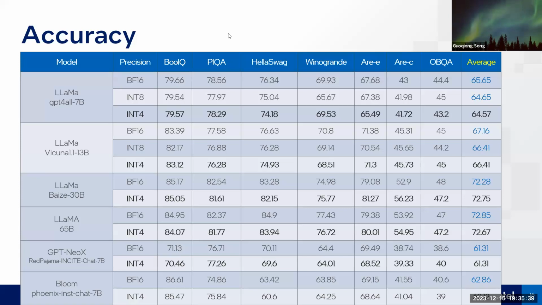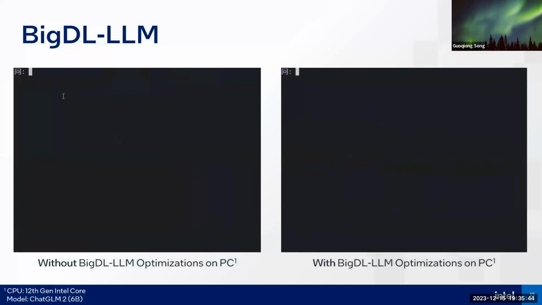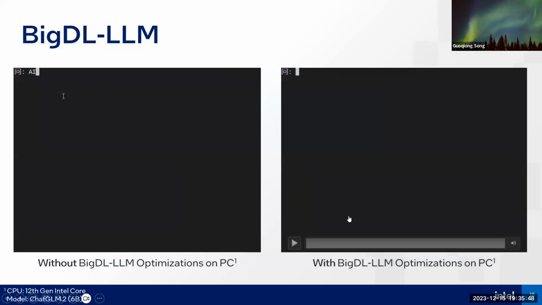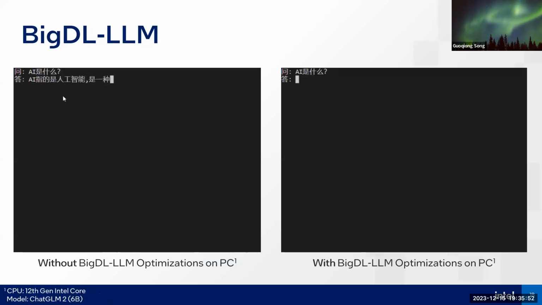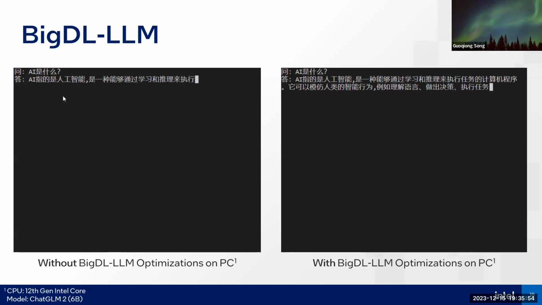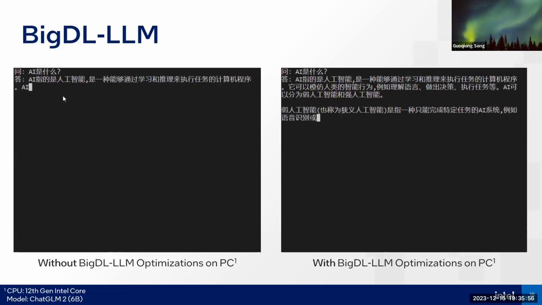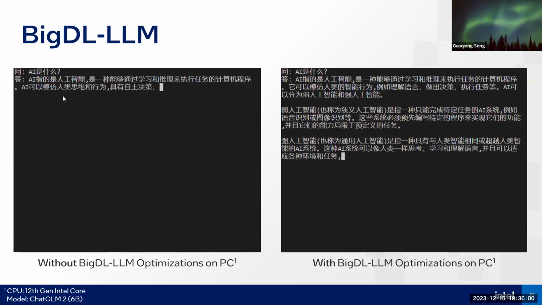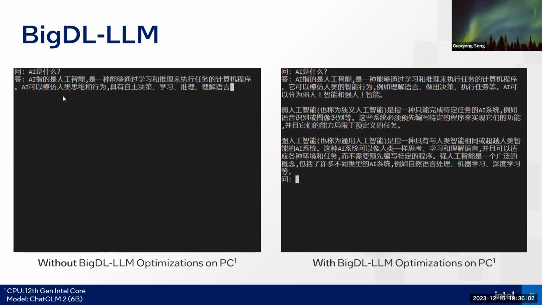What I can show you is the demo here. This is without BigDL quantization. This is with quantization. It's in Chinese, but you don't have to understand the Chinese, just understand what's going on. A client puts a question here and the large language model as a backend answers. You can tell the right one is way faster.